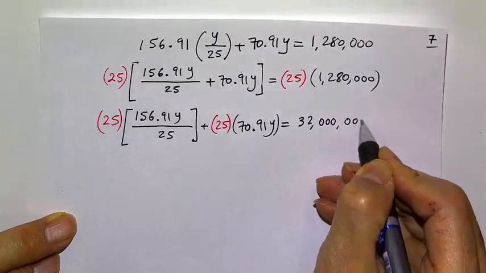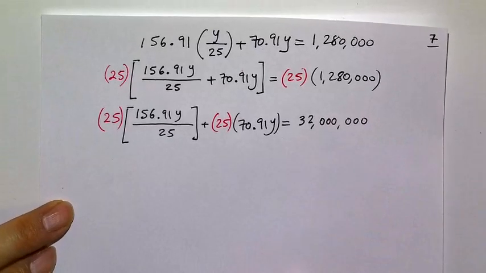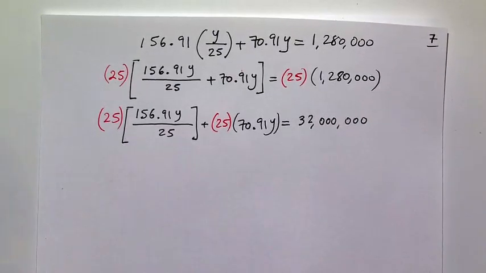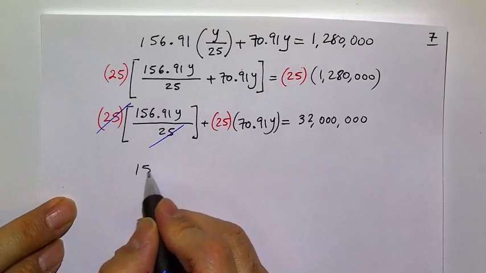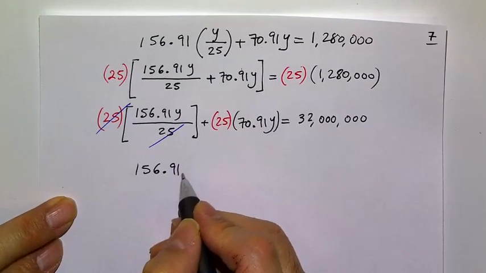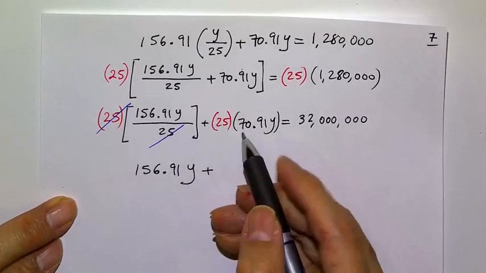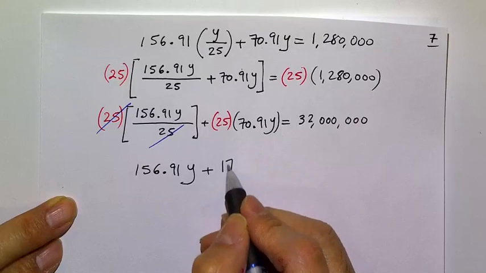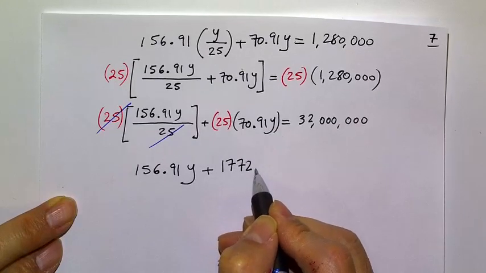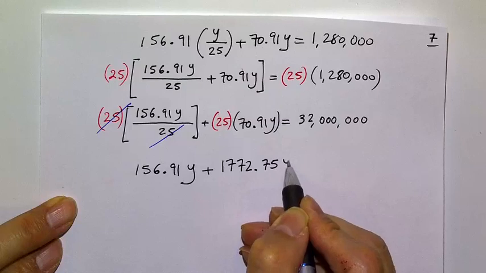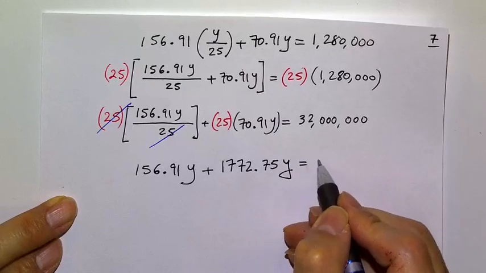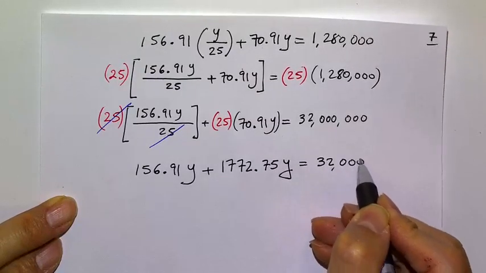Please verify my numbers if you haven't done it already. And then on the left side, we have this 25 and this 25 cancel each other out, and we get 156.91 times Y plus 25 times that. I got 1,772.75 Y equals 32 million.